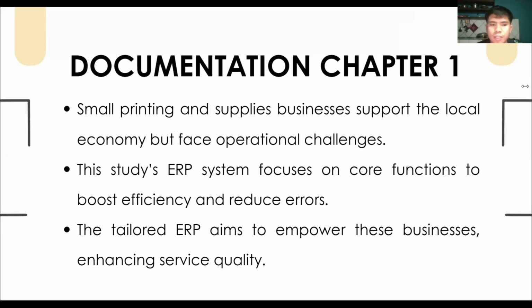This ERP study focuses on core functionalities such as inventory, sales, finance, and many more to boost efficiency and reduce errors. Lastly, the tailored ERP aims to empower the business, improving the service quality.